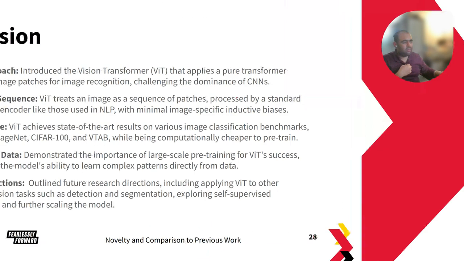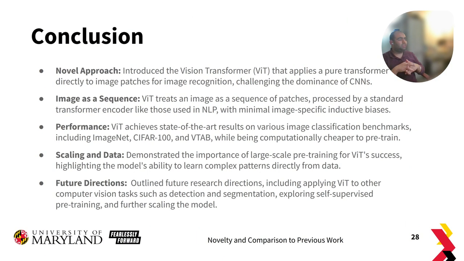So, what are the conclusions? It's a novel approach. It does not use any traditional convolutional neural network based architecture. It processes an image as a sequence, as opposed to CNNs, which process the whole image at a time. Talking about performance, it outperforms every single convolutional neural net based architecture if trained on a very large dataset.